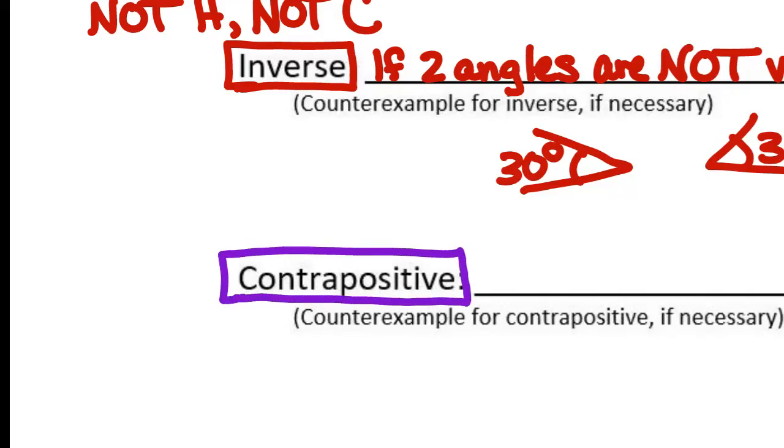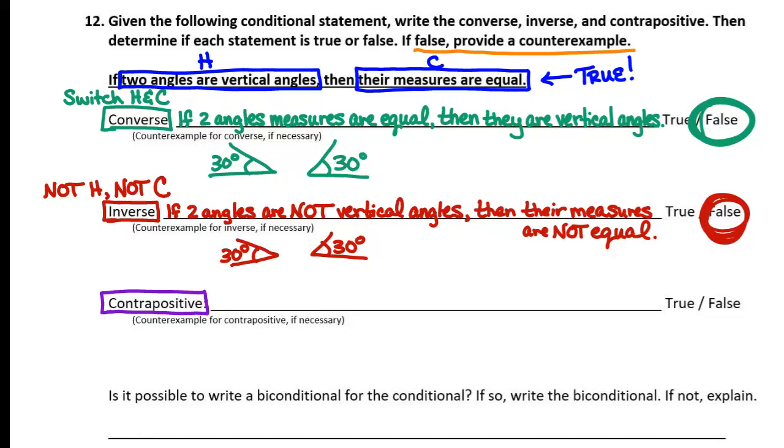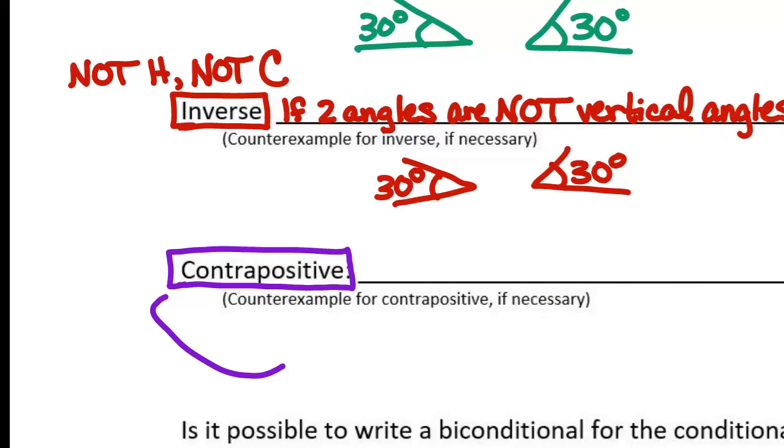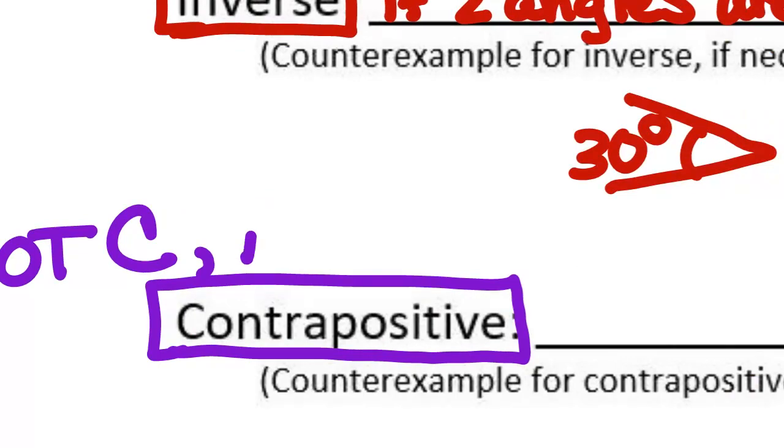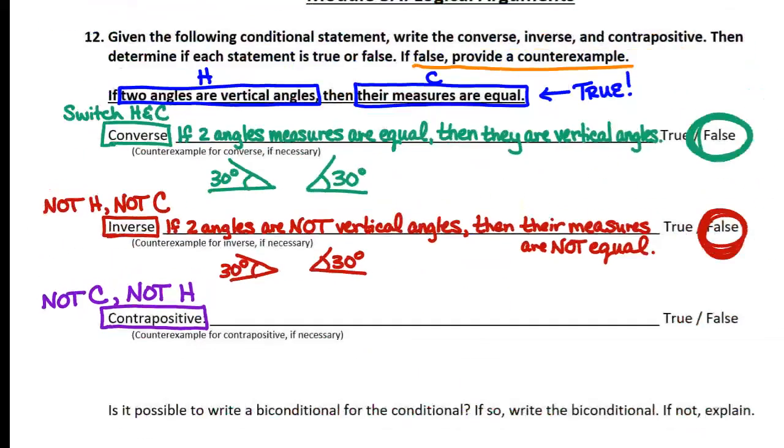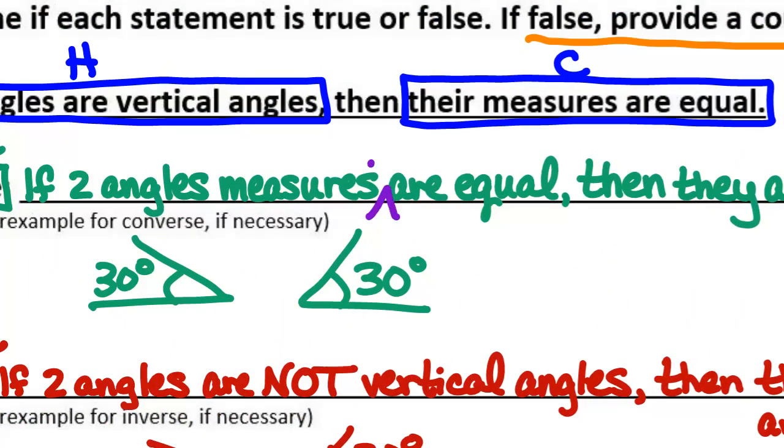For the contrapositive, we do both what we do in the inverse and what we do in the converse. So it's going to be not, and then my conclusion, not, and my hypothesis. So basically, I'm going to come up to the converse, and I'm going to put nots in here.